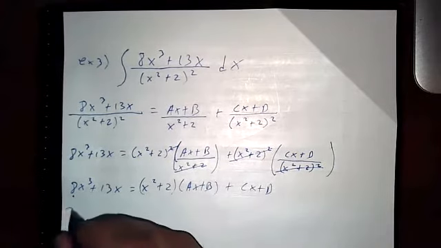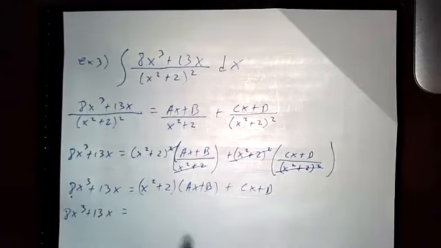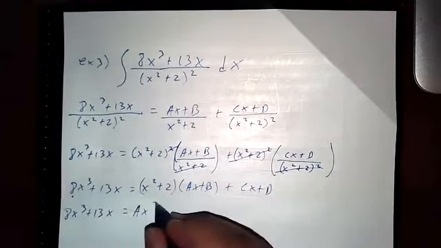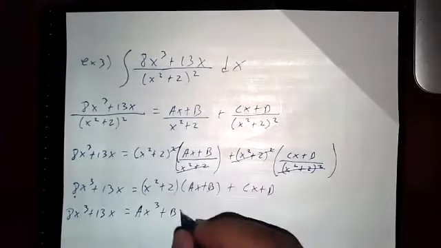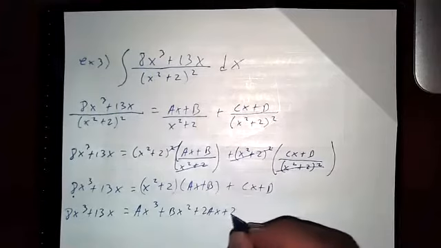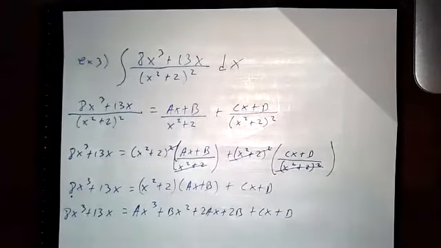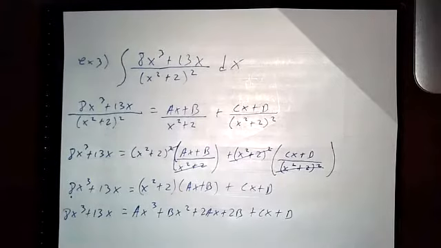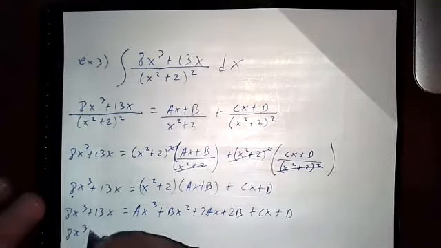So on this side, it just stays the same. Over here, we get ax cubed, so x squared times ax, x squared times b. Just FOIL this out. Plus 2ax plus 2b plus cx plus d. So once everything's expanded, group everything that is the same degree.